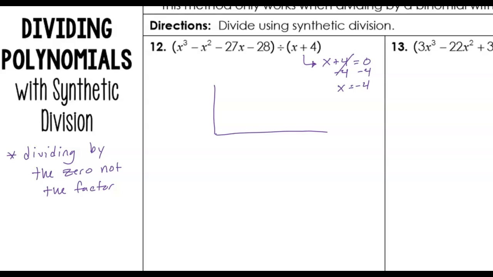So here, my coefficient on x cubed is a 1. My coefficient on x squared is a -1. My coefficient on x is a -27. And my coefficient, well, it's a constant, so I just place the entire constant. Then, on the outside of my division house, I place what I'm dividing by, which is that -4.